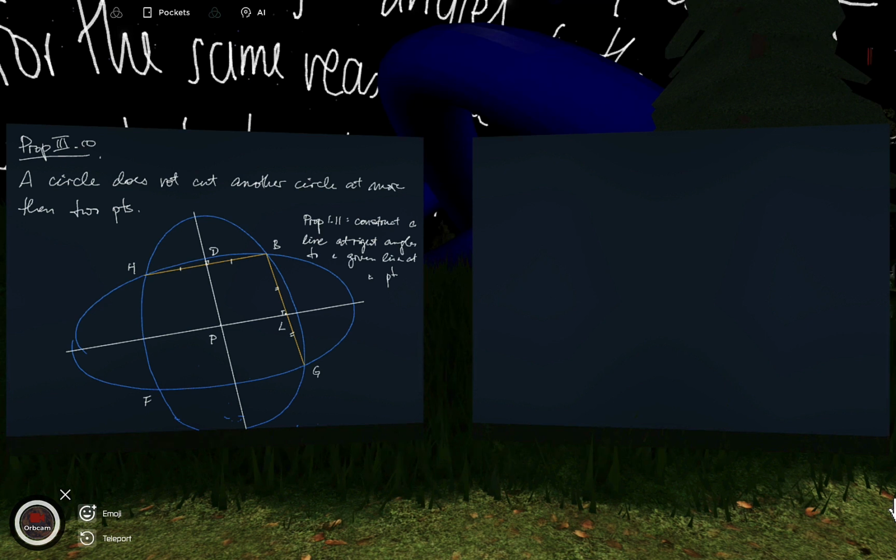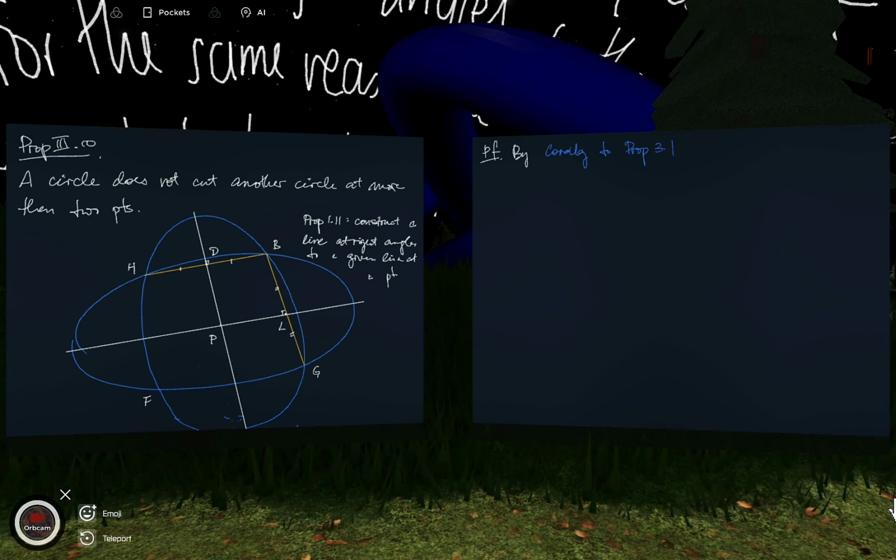I'll just go to the next board. So the proof. By proposition 3.1, the corollary to proposition 3.1. Remember, 3.1 was the one that allows us to construct and find the center of a circle.